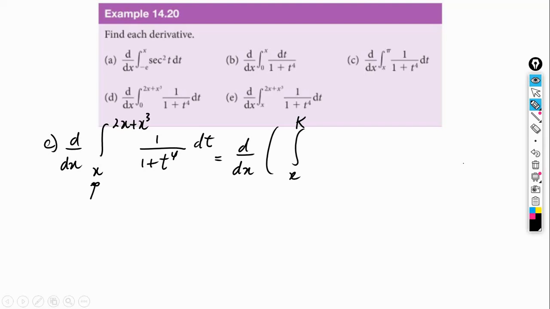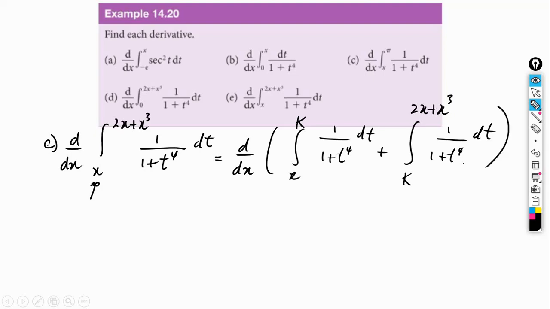So from x to k of 1 over 1 plus t to the 4 dt plus the integral from k to 2x plus x cubed of 1 over 1 plus t to the 4 dt.